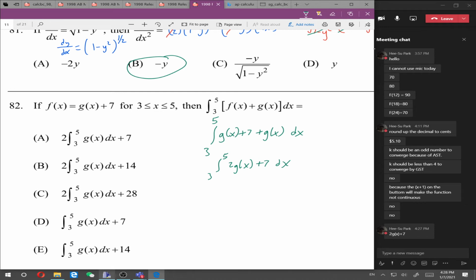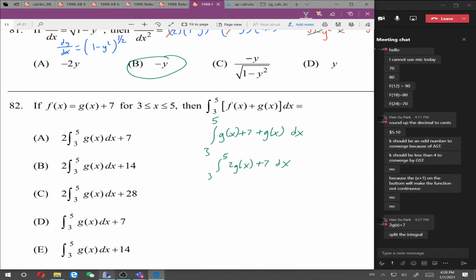So Andrew, what else do I need to do? Okay, split the integral, so like this.